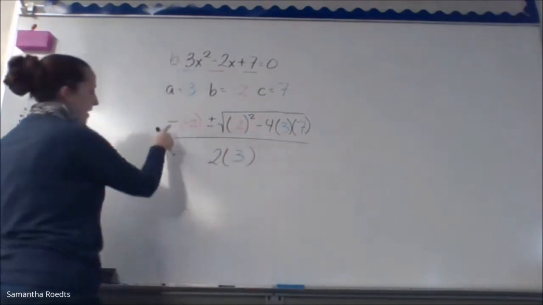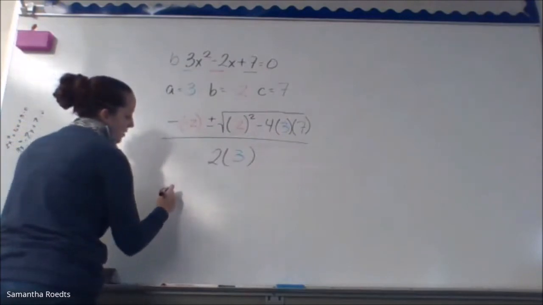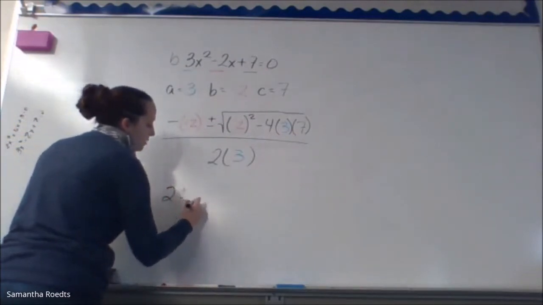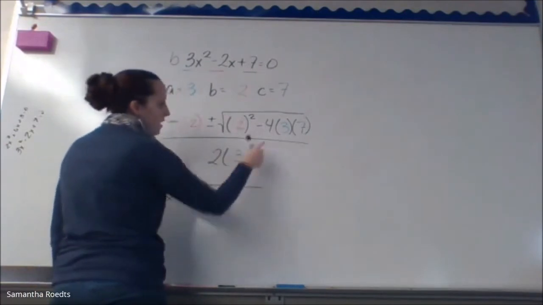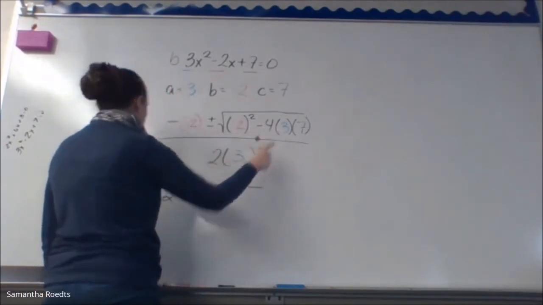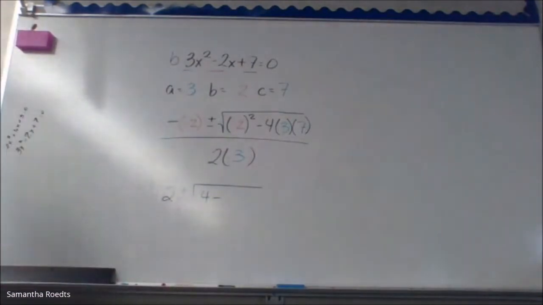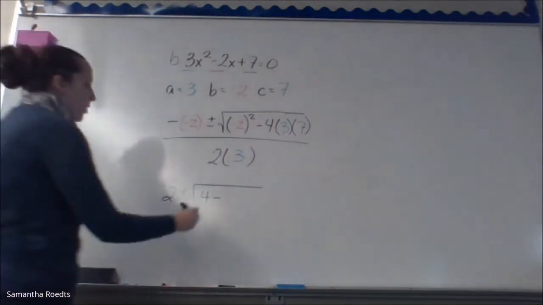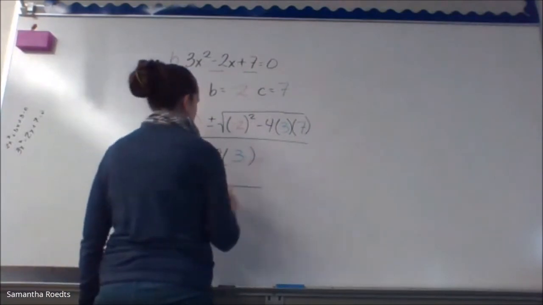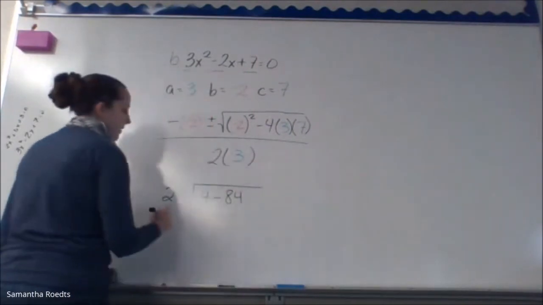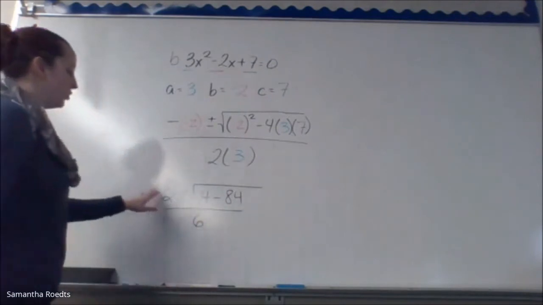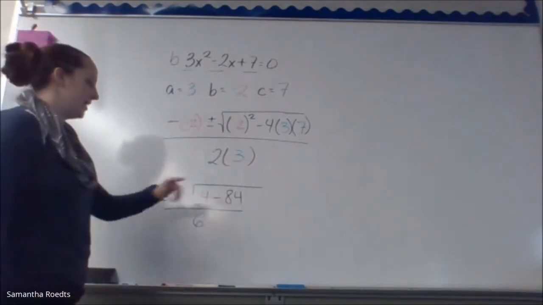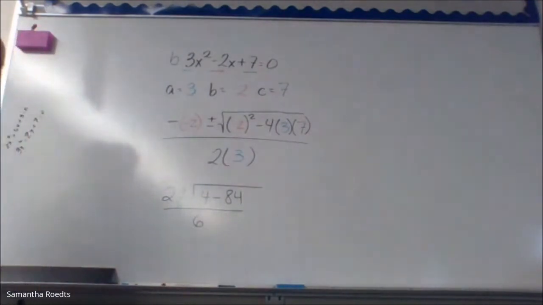Now I simplify. Negative, negative makes a positive. So I have 2 plus or minus, negative 2 squared is 4. 4 times 3 is 12. And 12 times 7 is 84. 2 times 3 is 6. 2 plus or minus the square root of 4 minus 84 over 6.